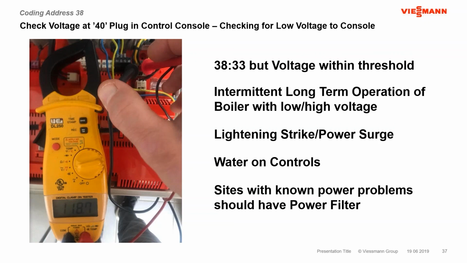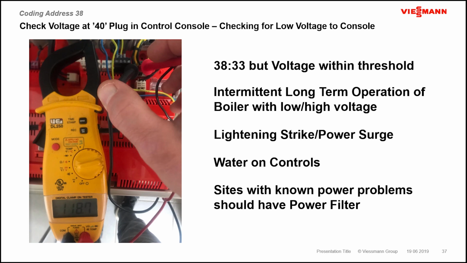So if the power is good, basically if you have a value of 33, the control console would need to be replaced. All right, so that's the address 38 information.